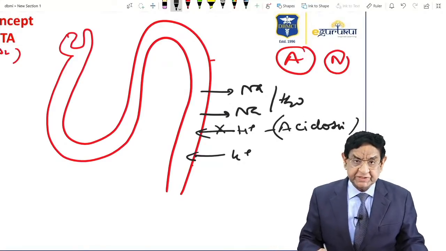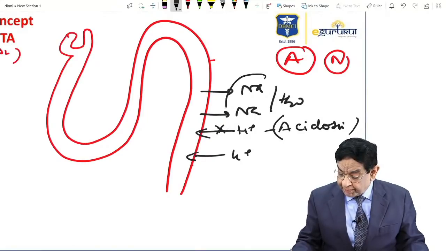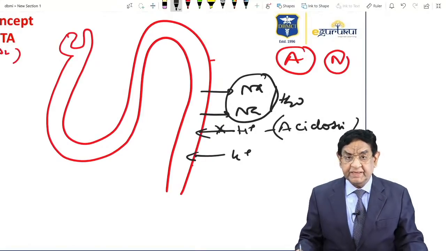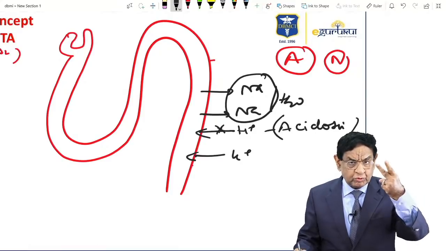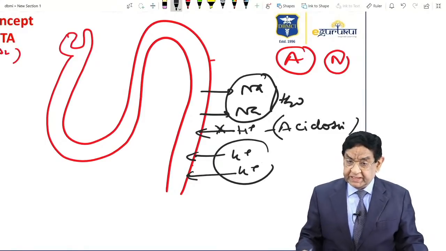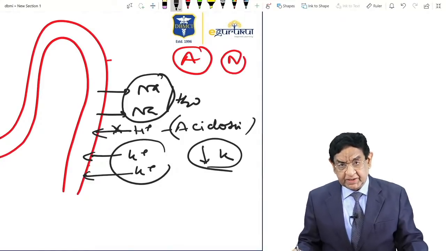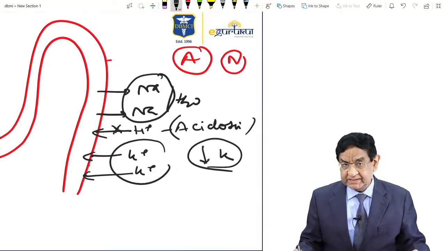But what about potassium? If this H ion is not going, 2 positive particles have come inside, the body has to throw out 2 positive. So now the body has to secrete 2 potassium. Double potassium will go out, that leads to what? Hypokalemia.